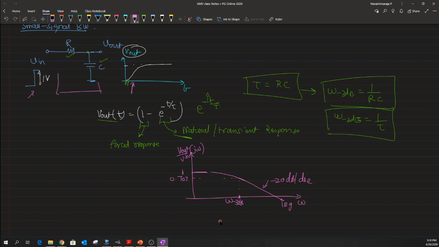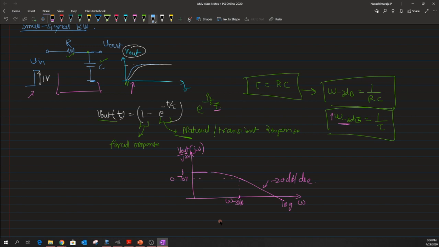So now what if I have a higher bandwidth? What it really means is that if the factor tau is quite small, or if the omega 3 dB is quite larger, in such a situation the output response will try to go to the final state very fast, just because it has more bandwidth to allow high frequency components.